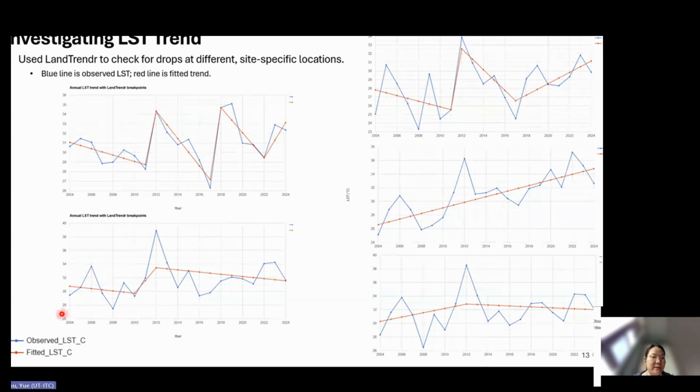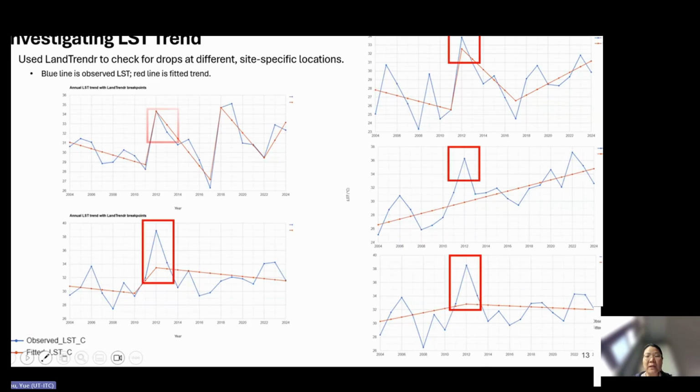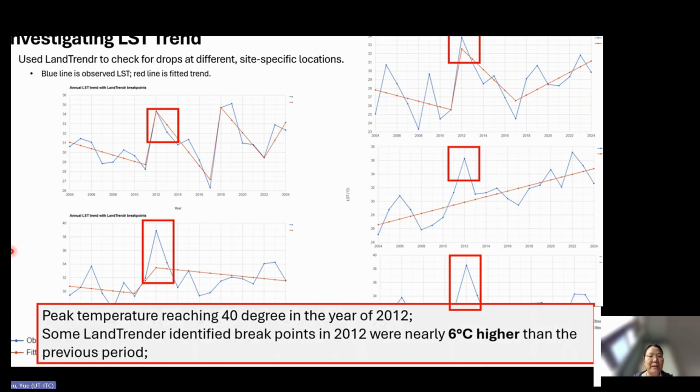What we want to show you is that in 2012 you see this significant increase. Sometimes the peak temperatures can reach 40 degrees in the year of 2012, and sometimes the identified breakpoints by LandTrendr were nearly 6 degrees higher than the previous period.